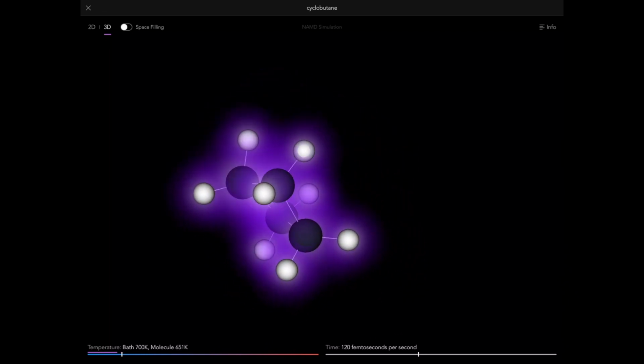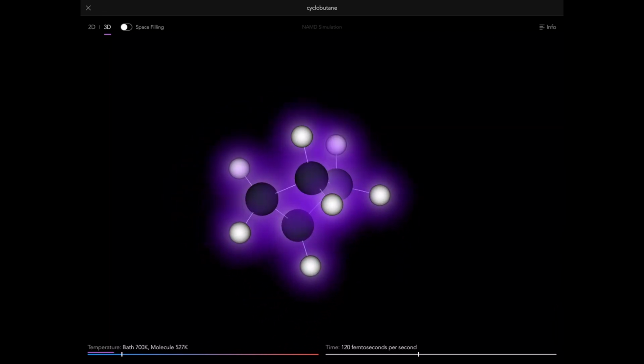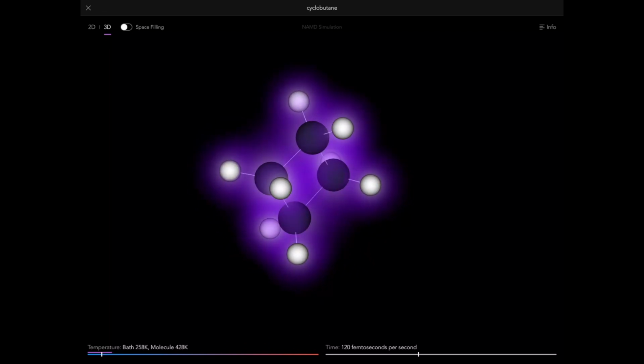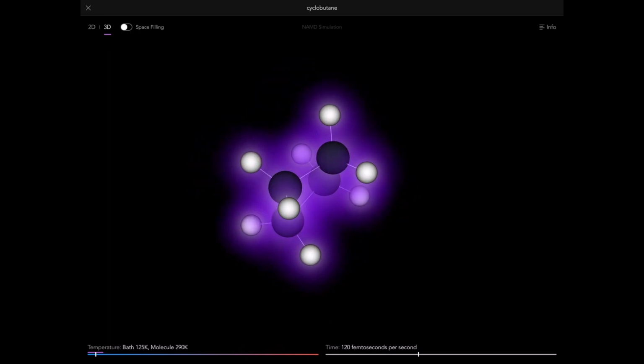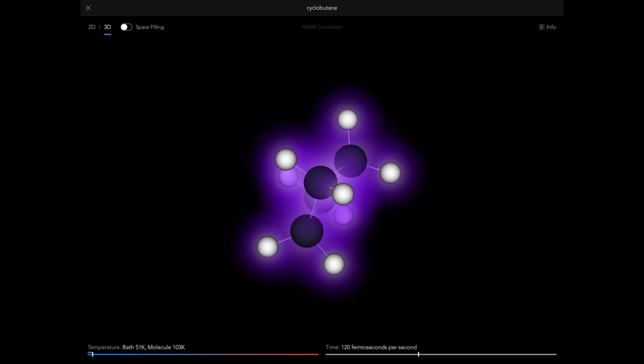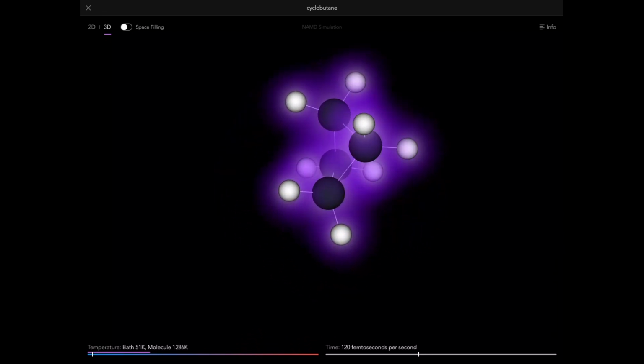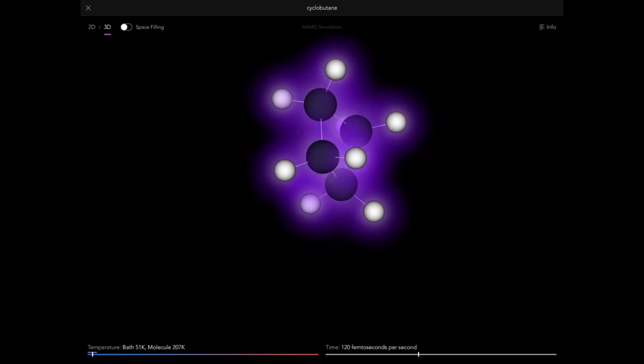It's hard to tell because now it's moving around like crazy. Another thing we can do is turn down the temperature and try to make it switch from one puckered form to another just by grabbing a hydrogen and pulling. And it looks like it's pretty easy to do that.